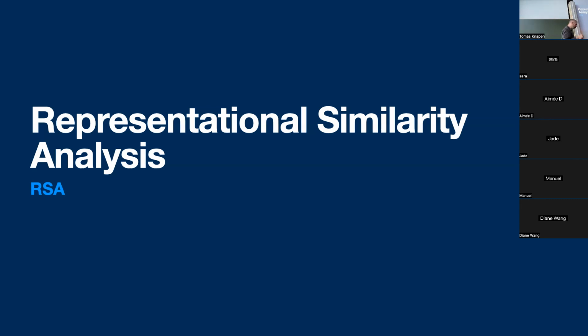Okay, so those are a few applications. Now I'm going to talk about one approach to pattern analysis that can sometimes be based on decoding, but tries to take it a step further. More so than standard multivoxel pattern analysis, it has the pretense that it actually tries to sample how the brain represents information.